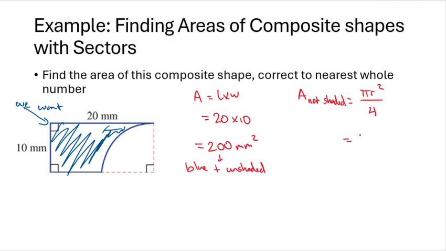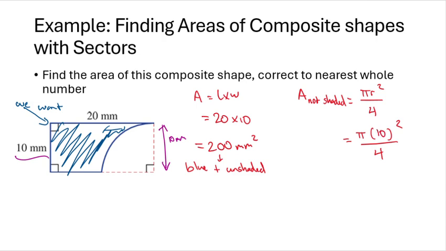Okay. So if we just substitute our values in, so pi r squared, now you don't know what the radius is, but you actually do. Because if you look here, on the left side, I have 10 millimeters. That means on the right side of the rectangle, that also is equal to 10 millimeters. And this is actually our radius, okay?